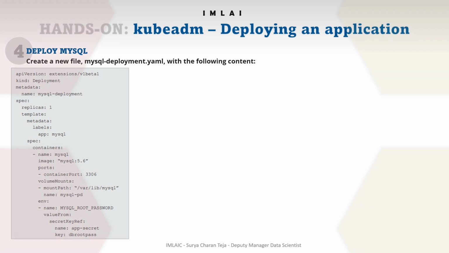If the database is not initialized, then what's the point? If there is no database, how can your data be stored? That's the reason you have to provide the environment variable. And what's the password you want to take? You take that value from secretKeyRef. Here is that secretKeyRef: name app-secret and key db-root-pass.